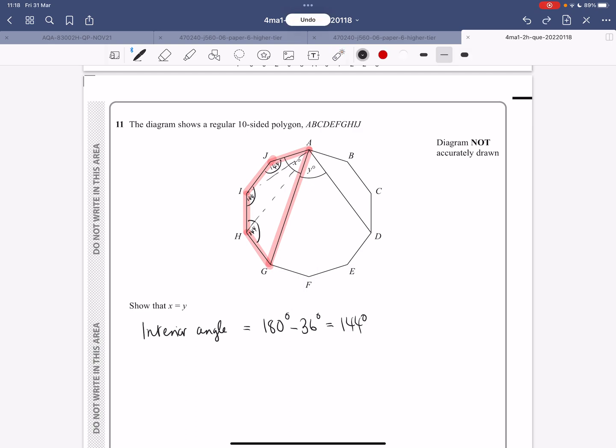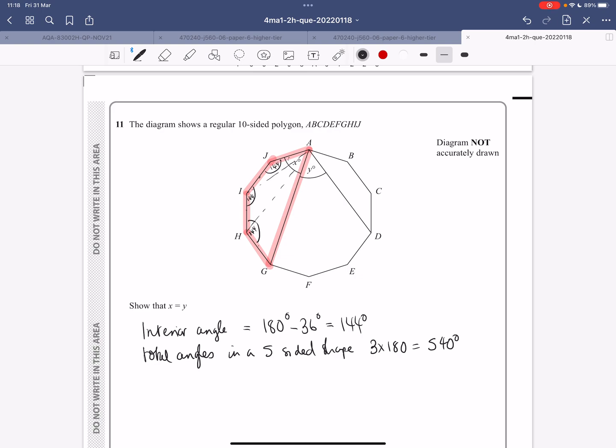So that means that the angles inside this shape add up to 3 times 180. So the total angles in a 5-sided shape is 3 times 180, which is 540 degrees.